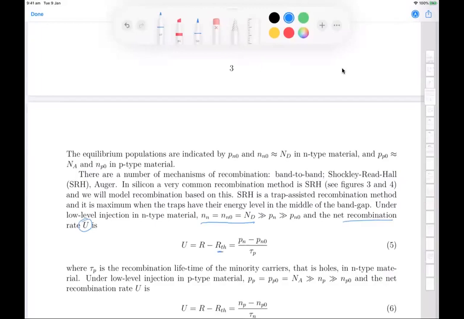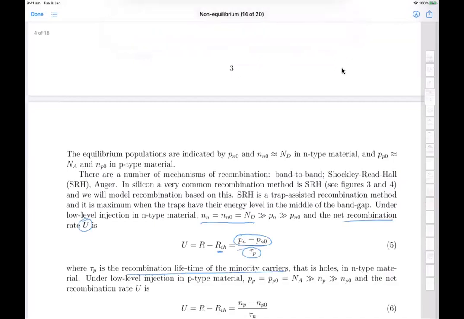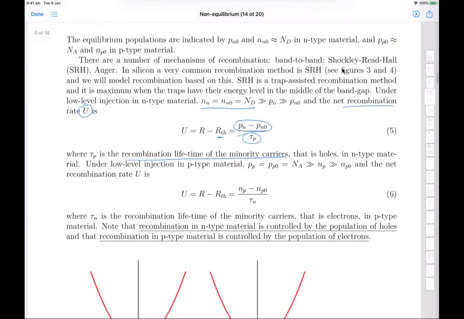And that extra recombination term depends on how much the minority carrier, in this case holes, exceeds the equilibrium value. And the proportionality is inverse to the recombination lifetime for the minority carriers, in this case the hole.